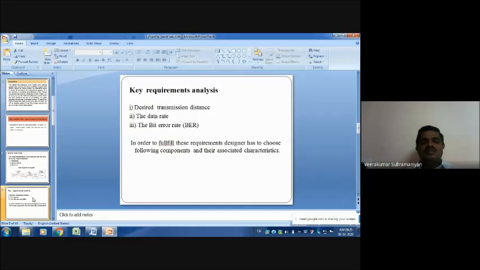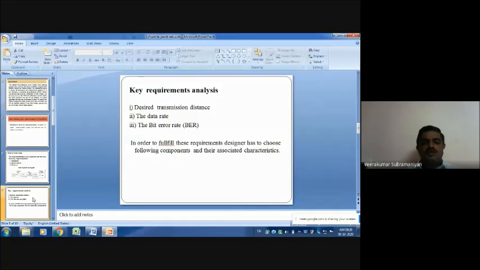Then data rate: how much speed I have to transmit, in kilobytes per second or megabytes per second. Then bit error rate: how much bit error rate it can produce. These kinds of key requirements are to be considered before establishing any point-to-point link.